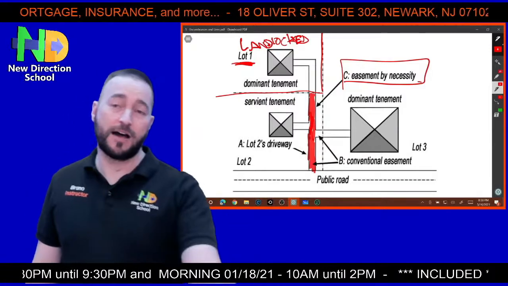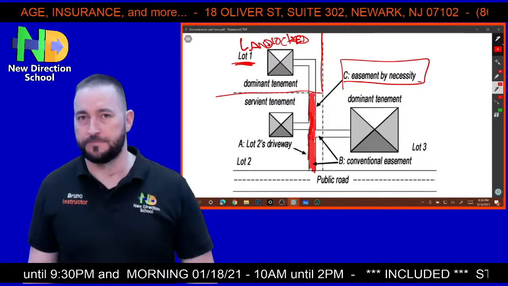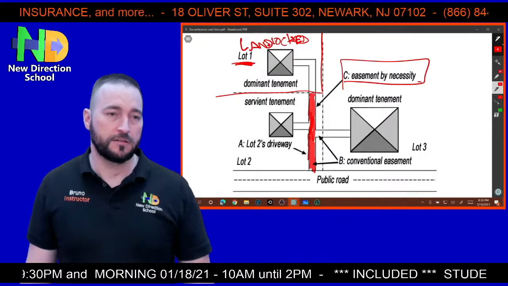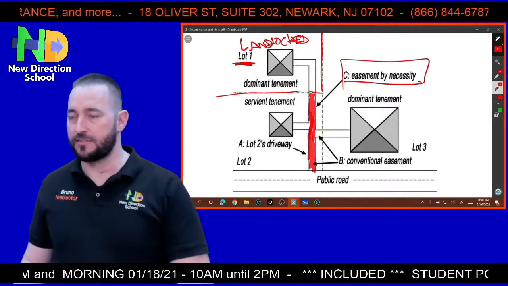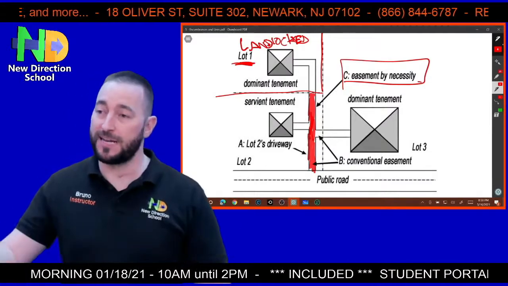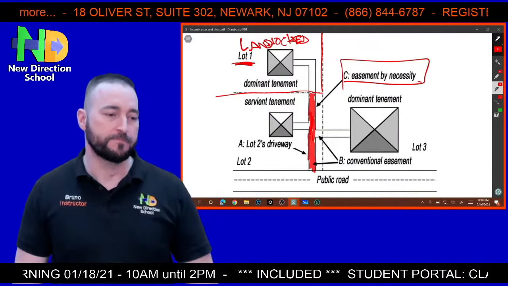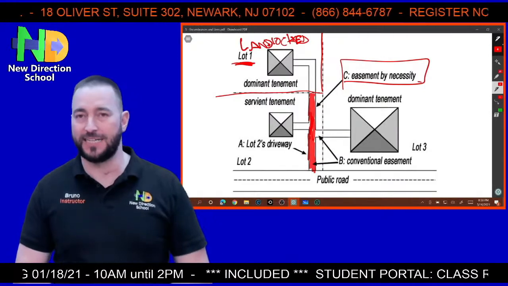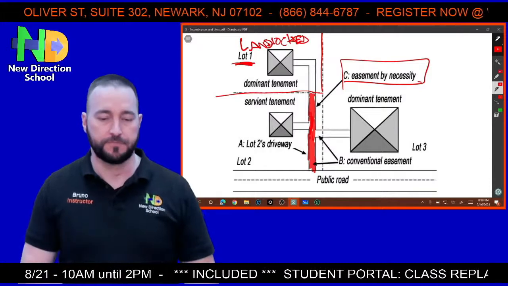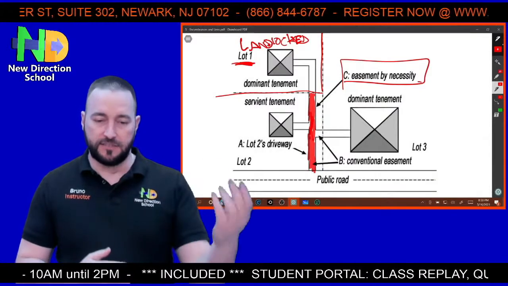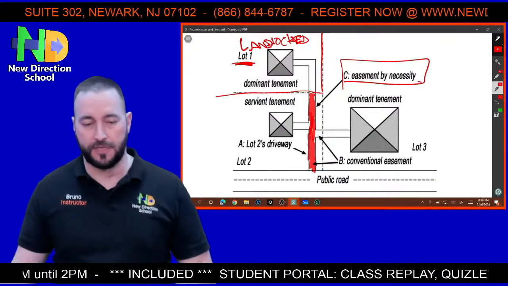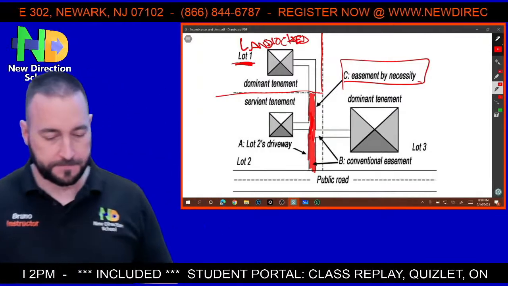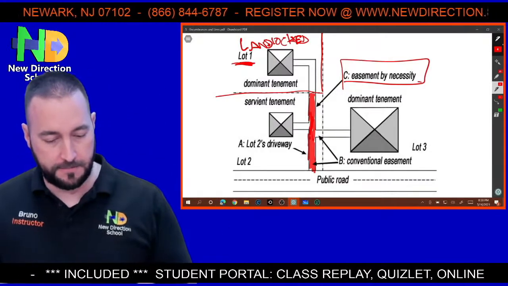I cannot stop you from getting to the public road. You guys understand? So lot 1 is landlocked. They have to go through somebody else's property to get to the road. That's called easement by necessity. In this case, lot 1 is the dominant, lot 2 is servient. Okay? By necessity.